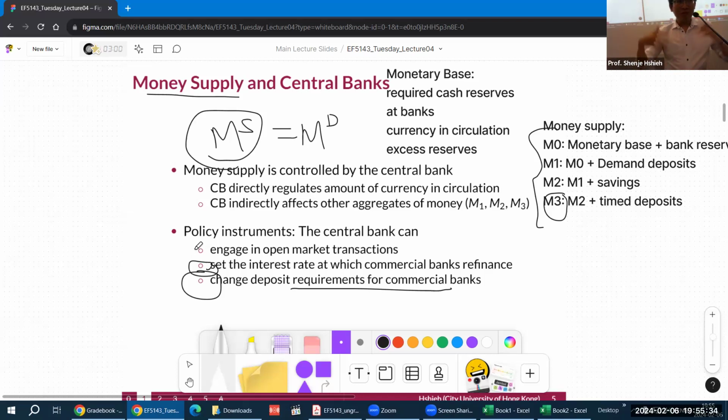But we're more concerned with large scale changes in money supply. So when I talk about changes in money supply, I'm not going to be referring to these things. These are just minor things. I'm going to be talking about open market operations.